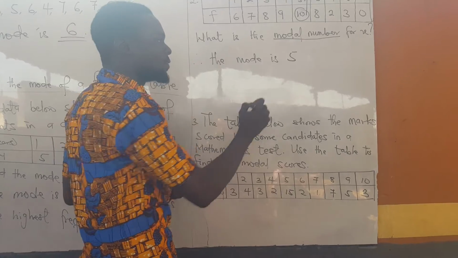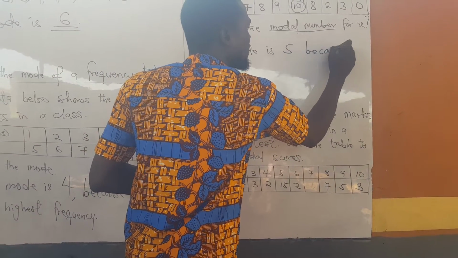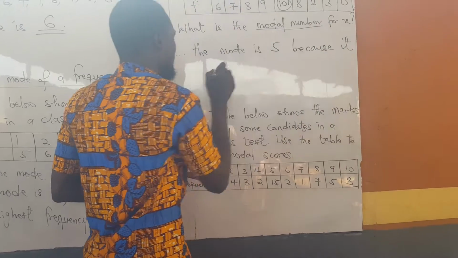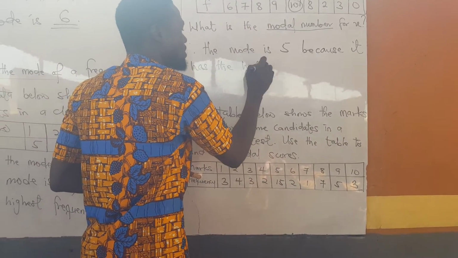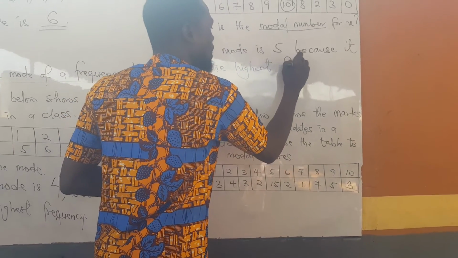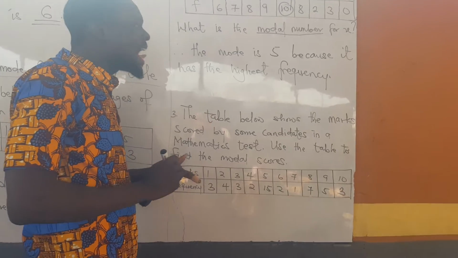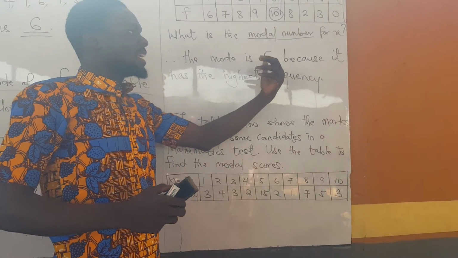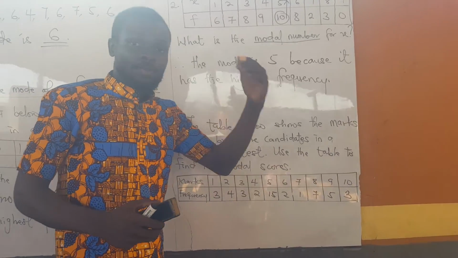Why is it 5? We have to explain why. Because it has the highest frequency. So the modal number for X is 5 because it has the highest frequency.